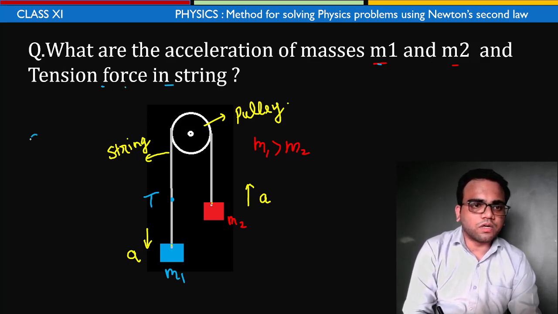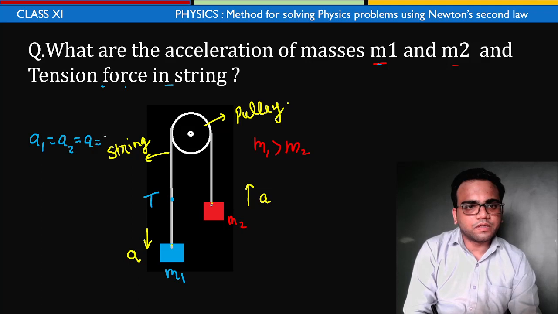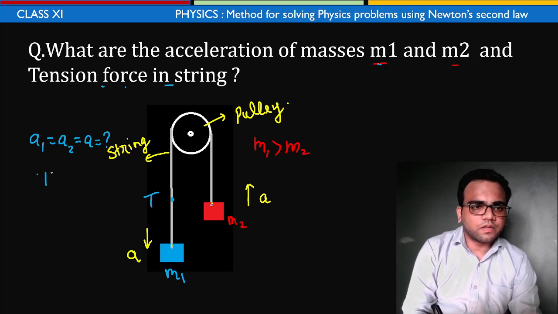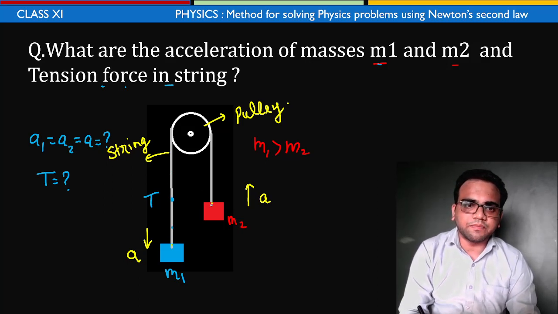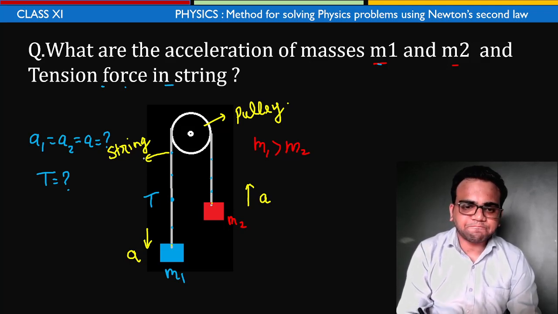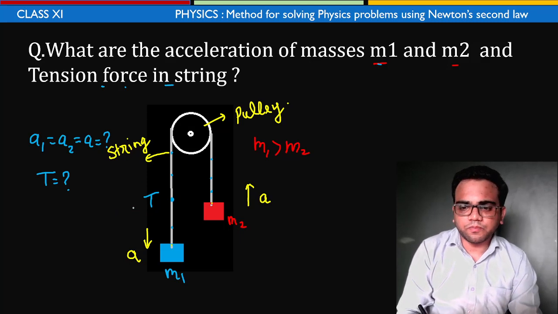So we are finding a1 and a2; I told you they are the same. And the tension in the string: because the string is tight, there will be a tension force in the string, and that will be the same at every point on the string. It is the property of the string.